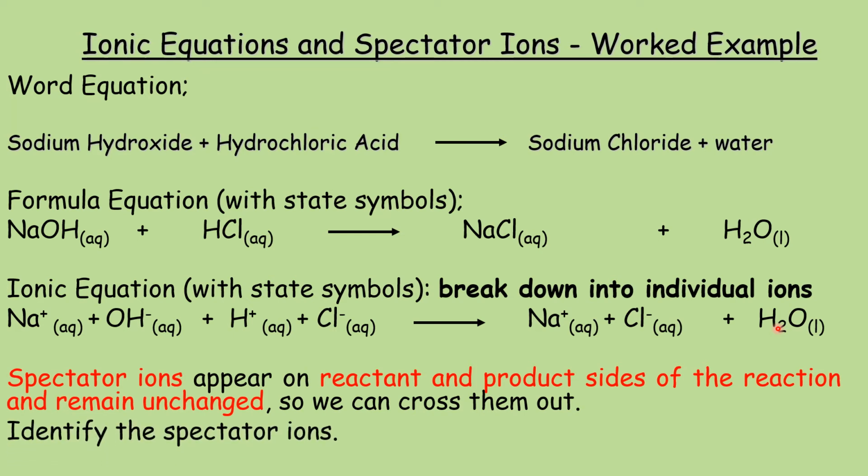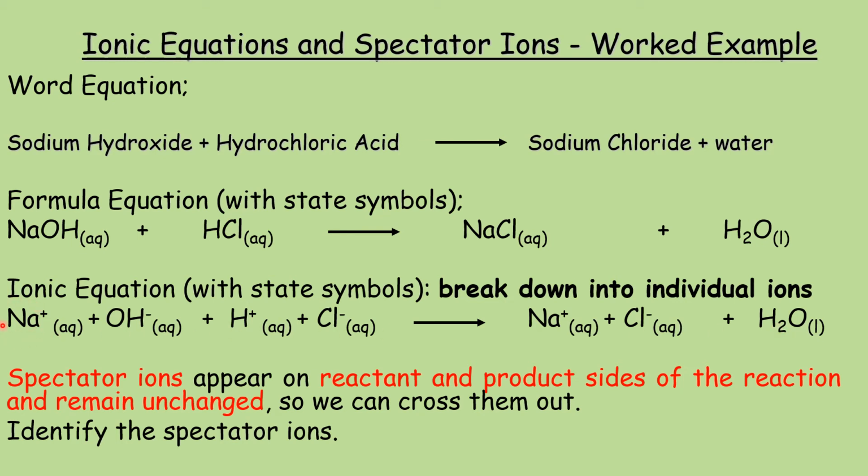First question. You might be given one of these and simply for 1 mark in the exam asked to identify, it wouldn't even be the spectator ions, it would be identifying a spectator ion. You would get the mark for just identifying one of them. Let's go through it and find them all. So let's have a look at this equation here.